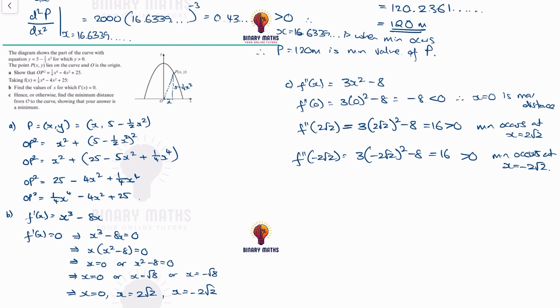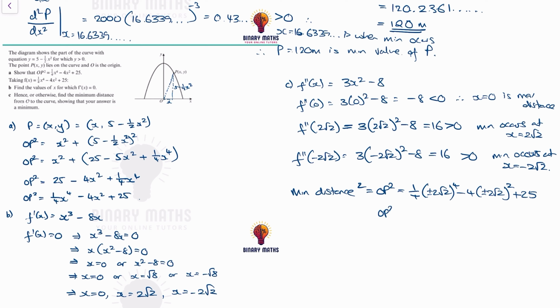Okay, so if I want to find out the minimum distance, then I need to substitute. Minimum distance squared is equal to OP squared, which is equal to a quarter times either plus or minus 2 root 2, because both of them give you minimum, to the power of 4, minus 4 times plus or minus 2 root 2 squared, plus 25.